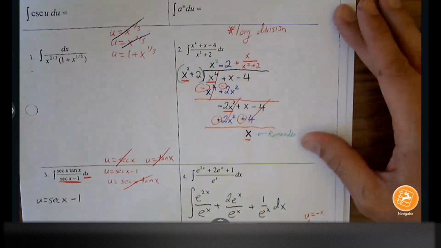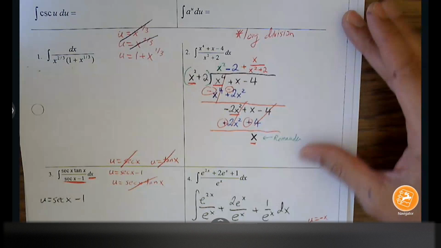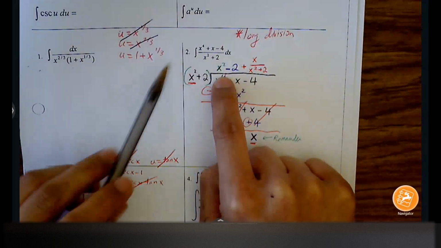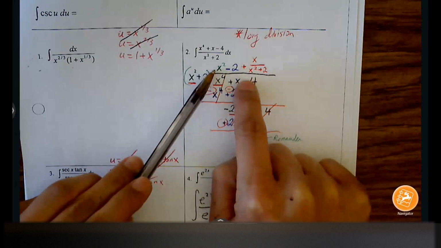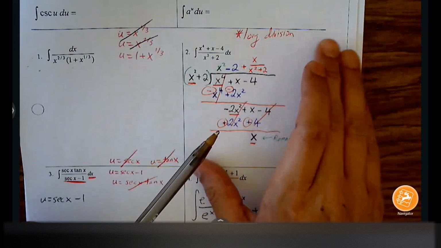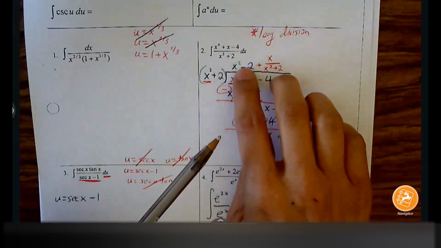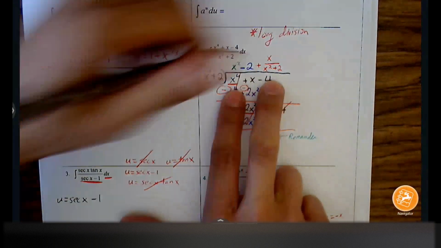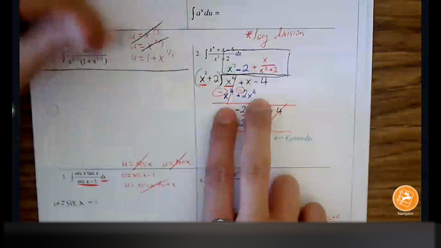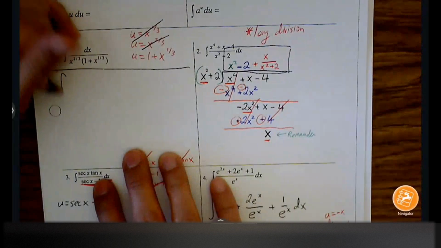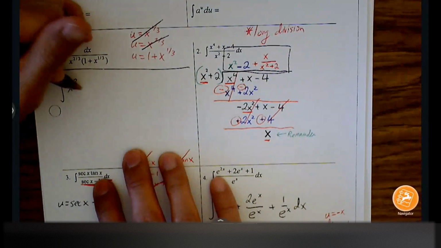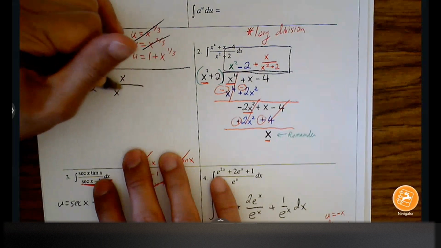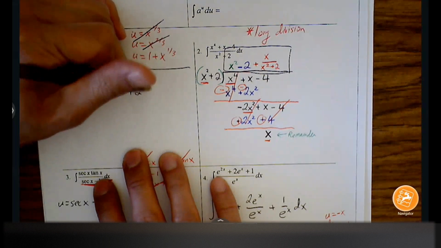We call this the remainder because we can't divide any further. Now with long division, we haven't solved the problem, but we've created an expression that's the same as the original problem, but easier for us to identify integral rules. So I'm going to use the space here for number 1 to finish this problem. We'll take this x squared minus 2 plus x over x squared plus 2, and we now have to find the appropriate integral rule for each of these terms.